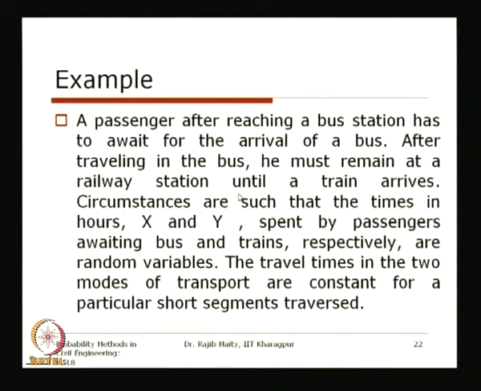Now we will take up one example, based on traffic control. Traffic control here means there are some waiting times between two destinations, where passengers travel from one point to another via two modes of transport. Say in the first segment they travel by one mode, say by bus, and in the next by train.